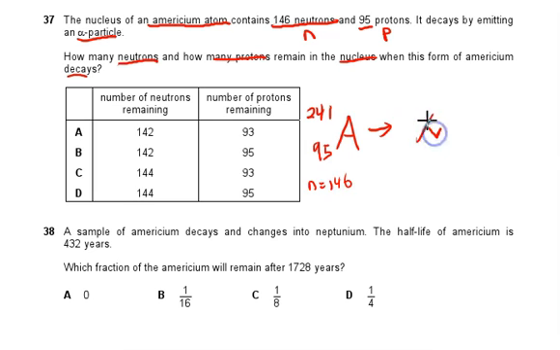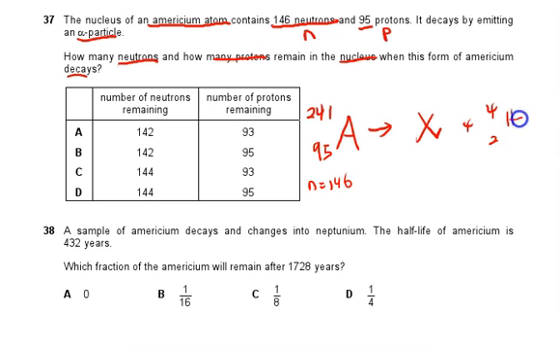So here, when it decays, it will emit a particle 4,2 alpha, which is helium. So this is alpha. So the number here will be 93, and here we have to reduce by 4.